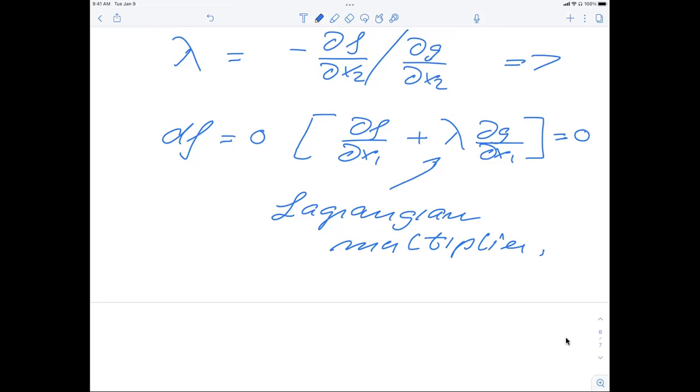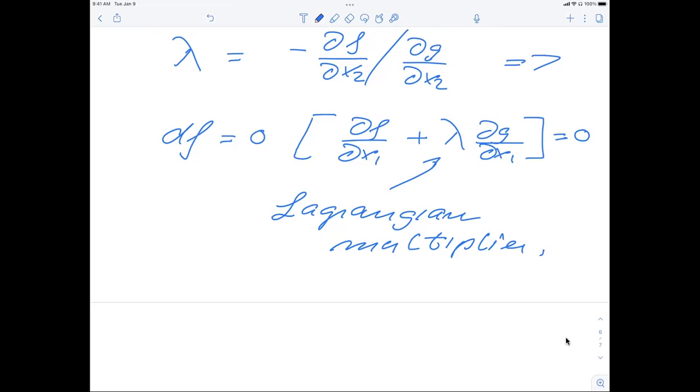So what I've done now is to rewrite this df in terms of a function which now depends only on x1, one of the variables. I've taken away the dependence on one of them. And if you have more and more variables which are dependent, you can replace these with more and more of these parameters lambda.